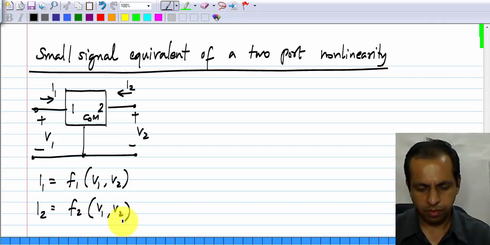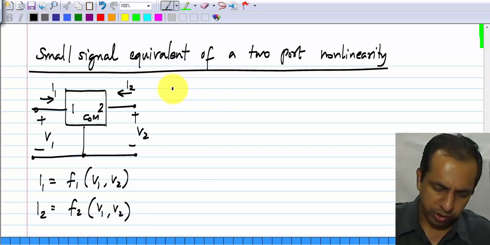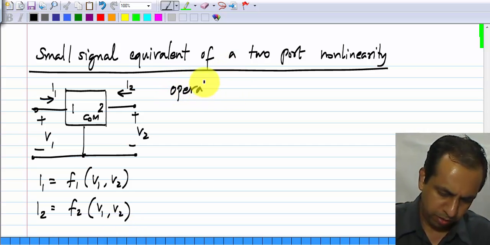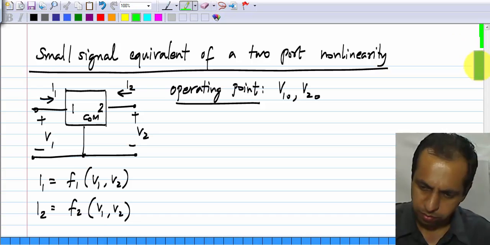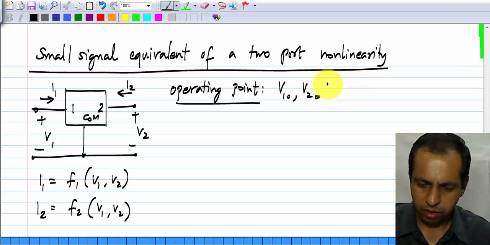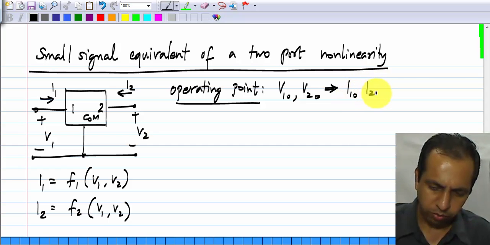Okay. Now, let us say we choose some operating point. I define the operating point as V1 0, V2 0, and which give rise to currents I1 0 and I2 0.